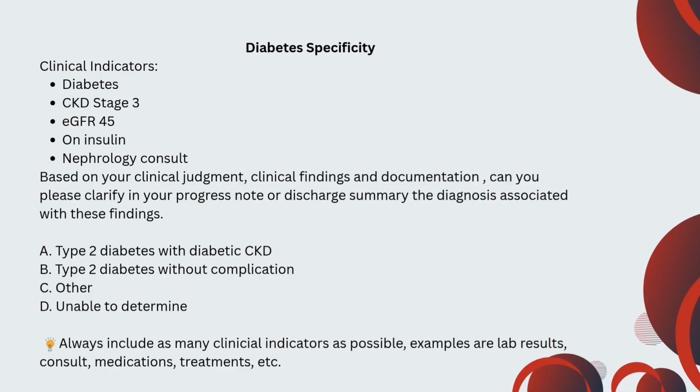A. Type 2 diabetes with diabetic CKD. B. Type 2 diabetes without complication. C. Other. D. Unable to determine. Always include as many clinical indicators as possible. Examples are lab results, consultation, medications, treatments, etc.